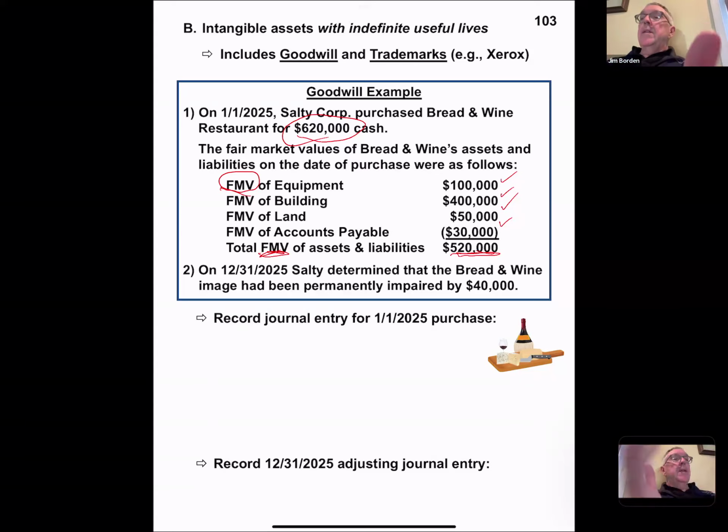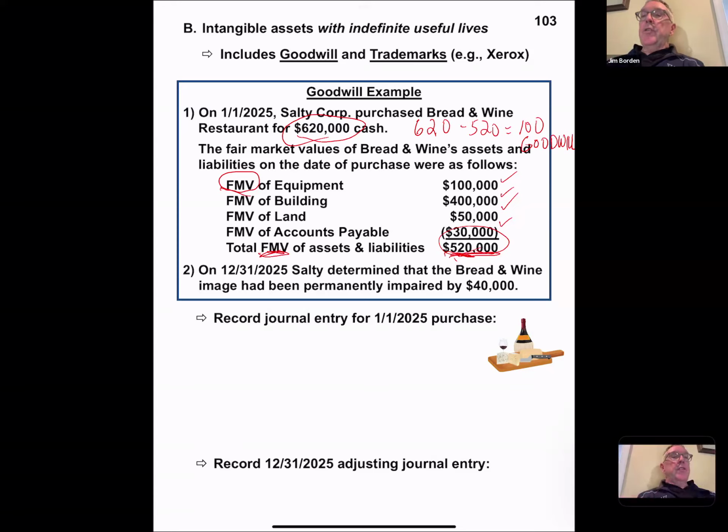In this case, the net fair market value of the company is 520. We paid 620. That creates $100,000 of goodwill. And where did that come from? The 620 minus the 520 gives us $100,000 of goodwill.